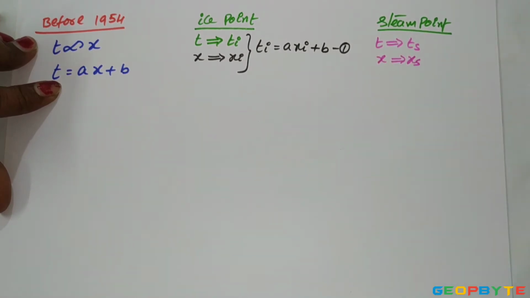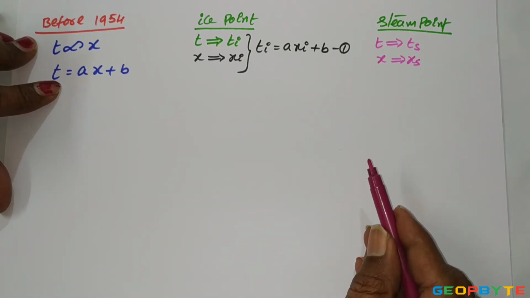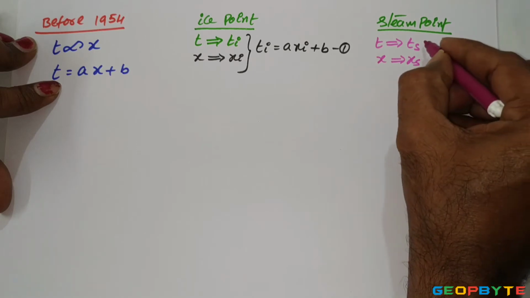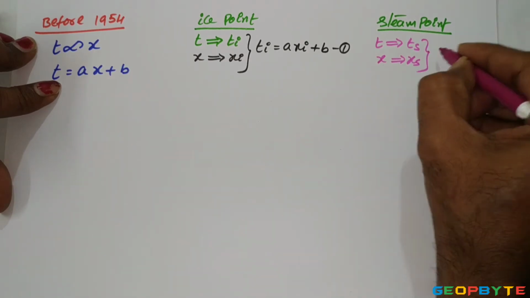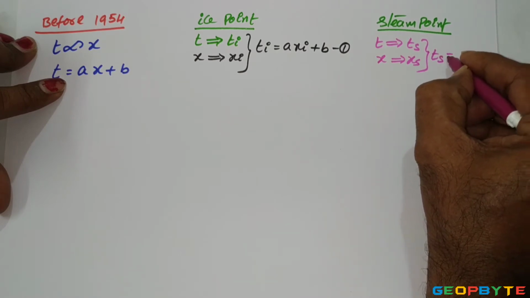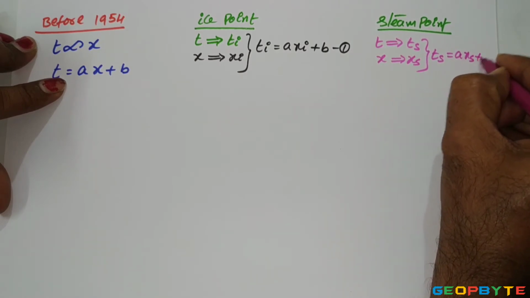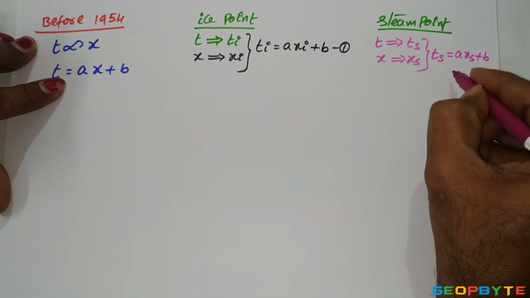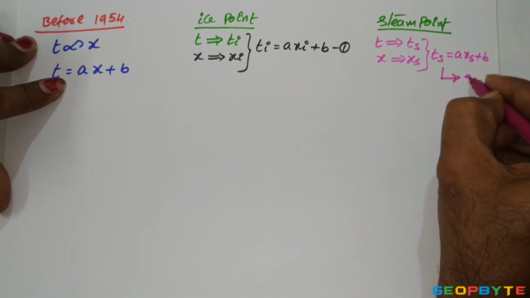Xs means the expansion length of the mercury when the sensor is exposed to the steam point. For this, let us write another equation: Ts equal to A xs plus B. Let us assume this is equation number 2.